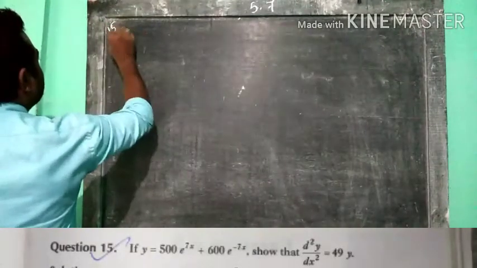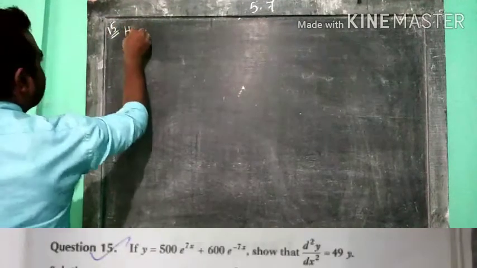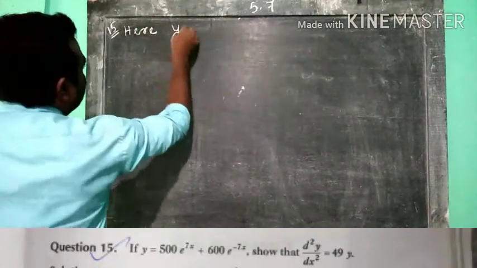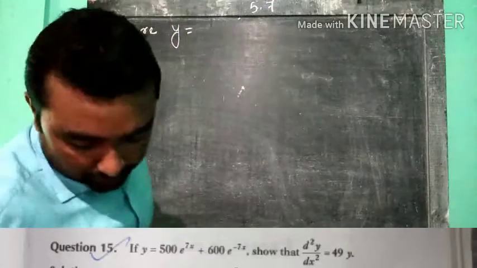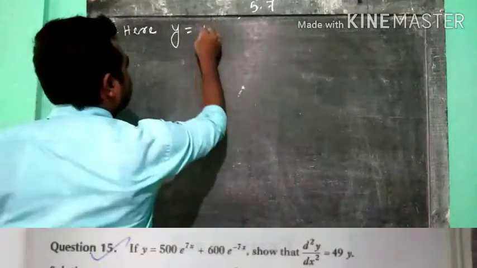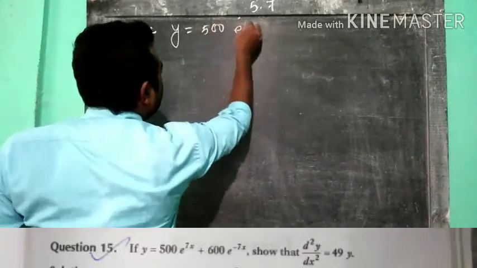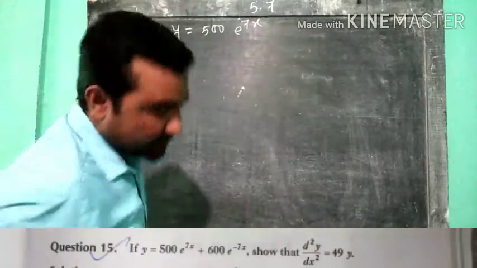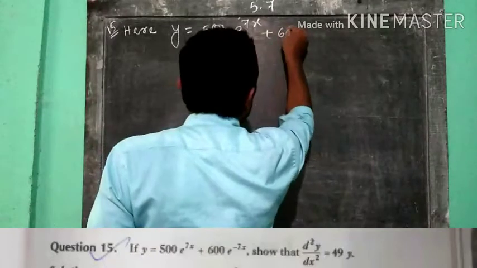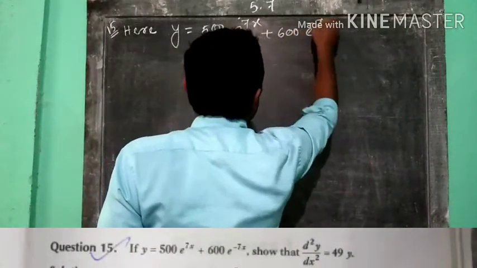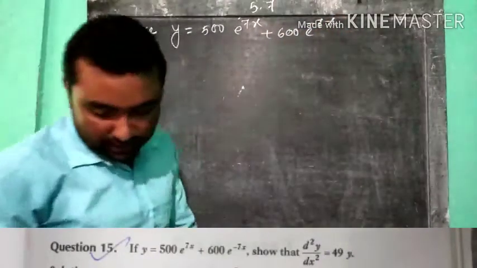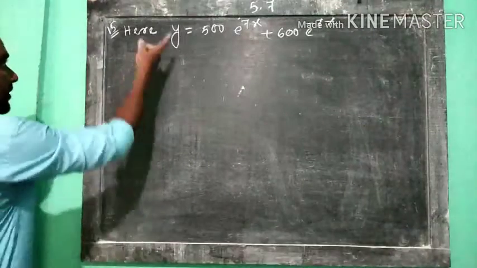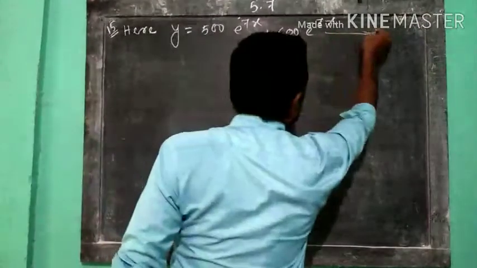Question number 15. Here it is given that y is equal to 500 e to the power 7x plus 600 into e to the power minus 7x. This is given here. So first, suppose this is equation number 1.